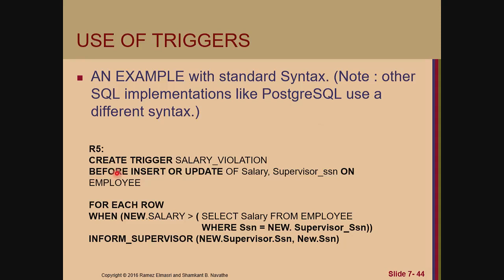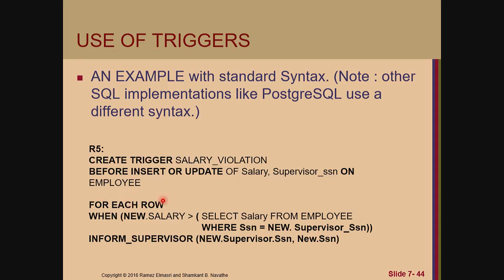And create trigger. Okay. Here is the trigger name, salary violation, before insert or update of the salary or supervisor on the employee. Okay, when the trigger is activated: when it's an insert or update, on which column, the salary column or SSN in the employee table.